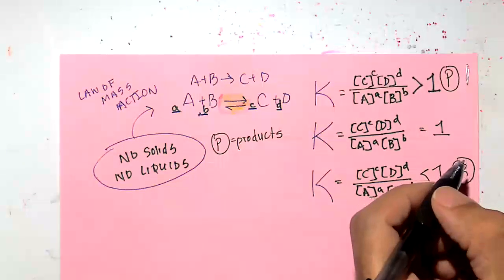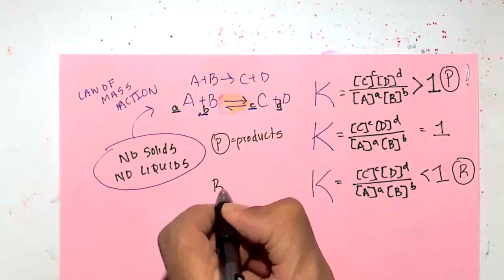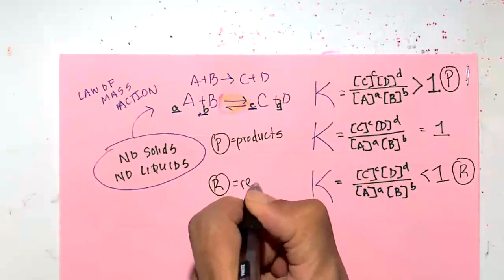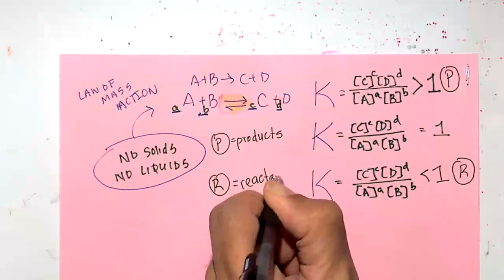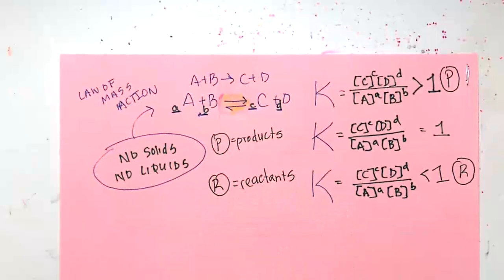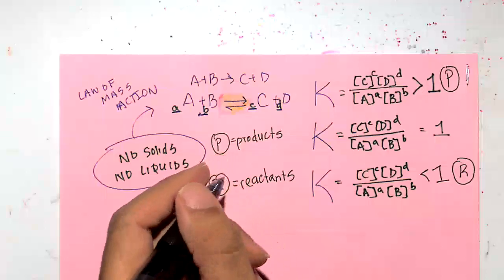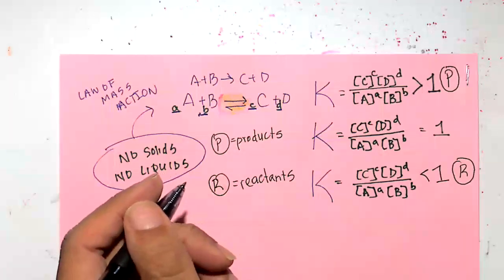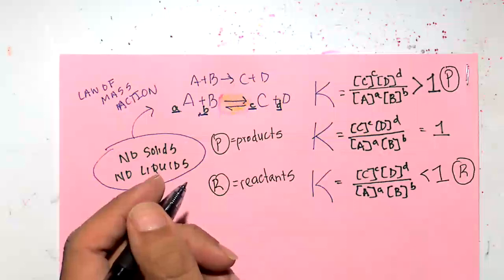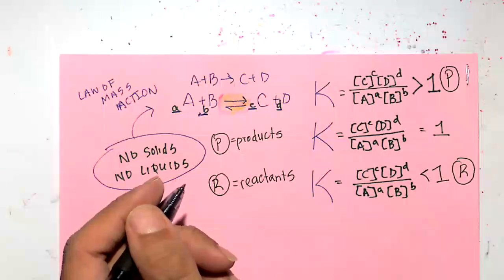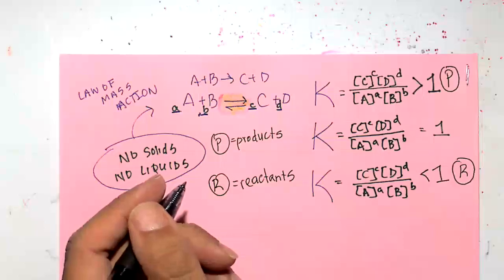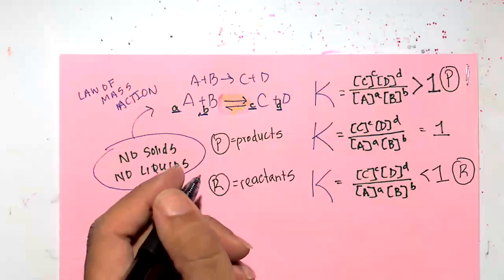Here, the equilibrium is predisposed to the reactants. And if your K is equal to 1, then neither products nor reactants are favored. So it's just 1.